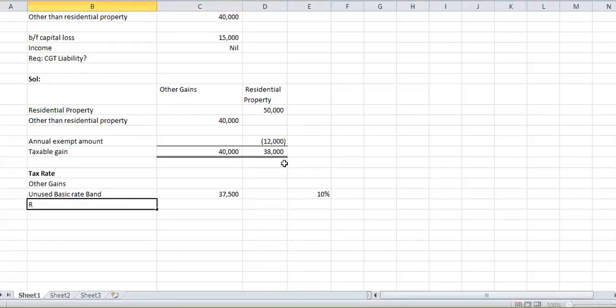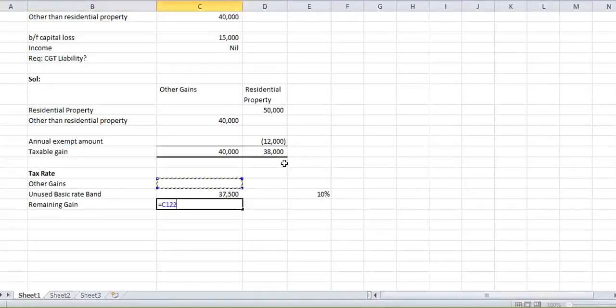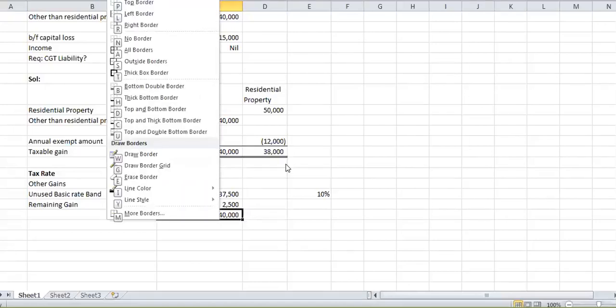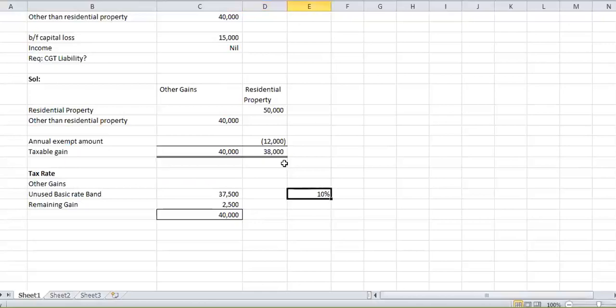And what is the remaining gain? You can see total gains are 40,000 minus 37,500, and we are done with other gains. On these remaining gains, the tax rate will be 20%. So on the first unused basic rate band, the tax rate is 10%, and on remaining gains, the tax rate will be 20%.